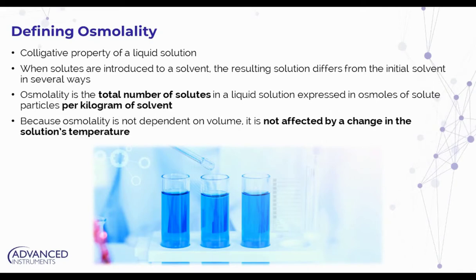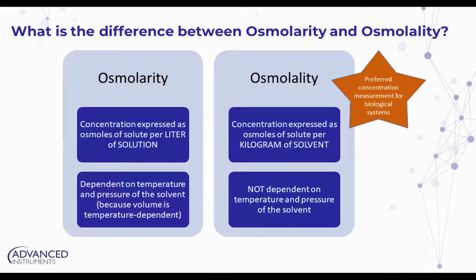So you could start to see why this may play an important role when it comes to bioprocessing, where temperature, pressure, different parameters are changing. One question I know that I get a lot when we talk about osmolality testing is, what exactly is the difference between osmolarity with an R and osmolality, which is what we're talking about today? So I wanted to dive a little bit deeper into this and give some really clear insight into what the differences are.